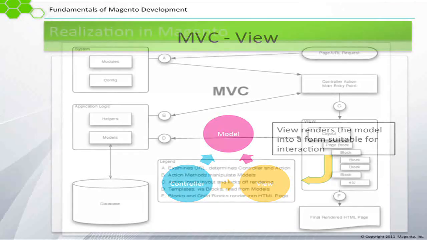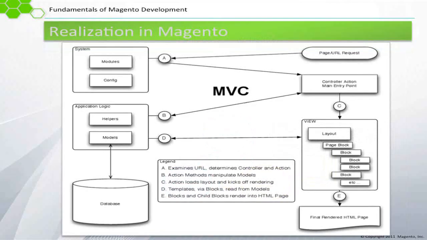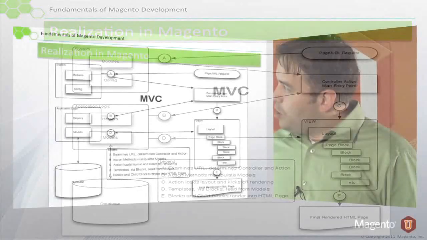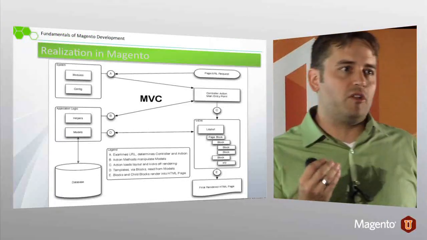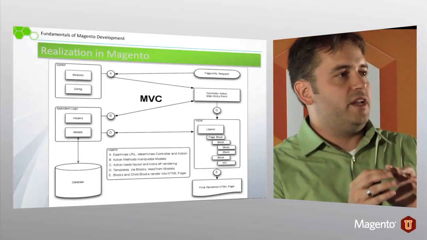And here is a nice flow chart of how that works. So again, the browser hits the server. The system evaluates its configuration either from cache, or if you have caching disabled, it will evaluate it every time. And then we get into our controller layer. Our controller will kick off the layout. The layout is the thing against which all the blocks are created and assembled.